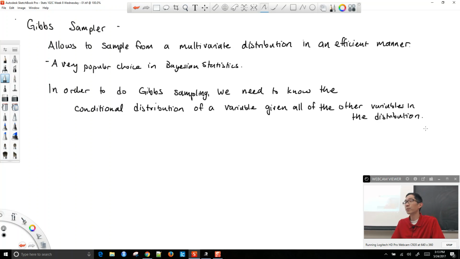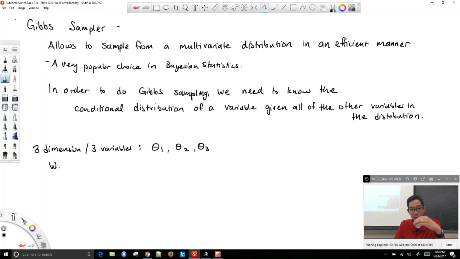Okay, so for example, let's say we have just a simple, if we have 3 dimensions, or 3 parameters, 3 variables, theta 1, theta 2, and theta 3, okay?